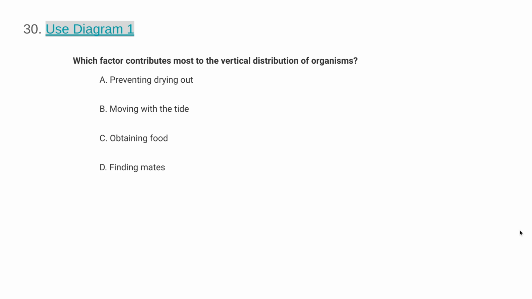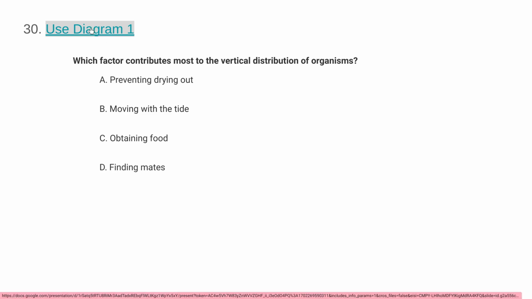Number 30. Which factor contributes most to the vertical distribution of organisms? Is it A, preventing drying out, B, moving with the tide, C, obtaining food, or D, finding mates?